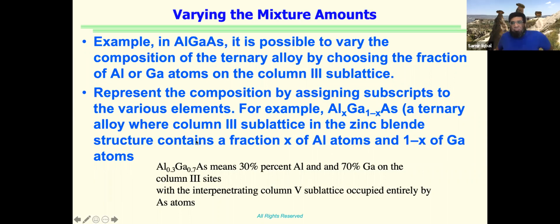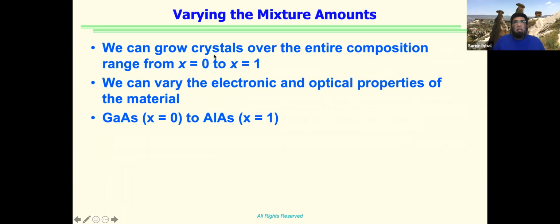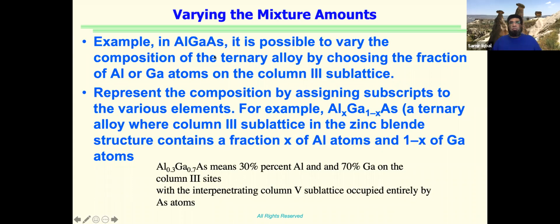So again, if I recap, we write these things like this, where there are group 3 elements and group 5 elements, or group 2 and group 6 elements. So that's the combination they work. And this small subscript tells us the relative concentration of one group's elements.